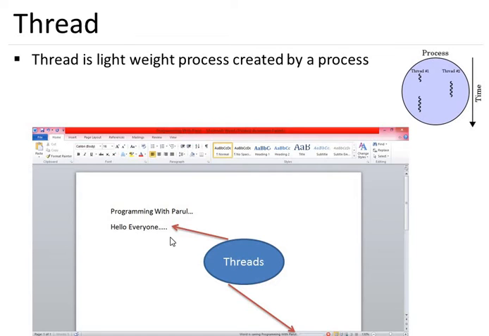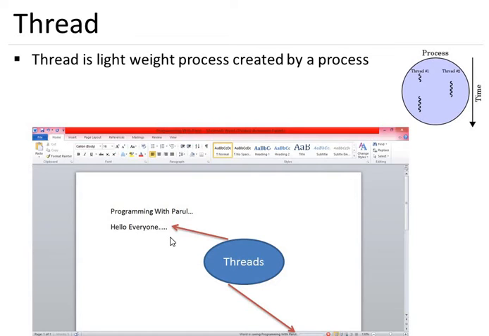A process is not a lightweight process, it is a heavyweight process. Why heavyweight? For example, if you are running a C program, then running of a C program involves many tasks, for example compiling of the program.